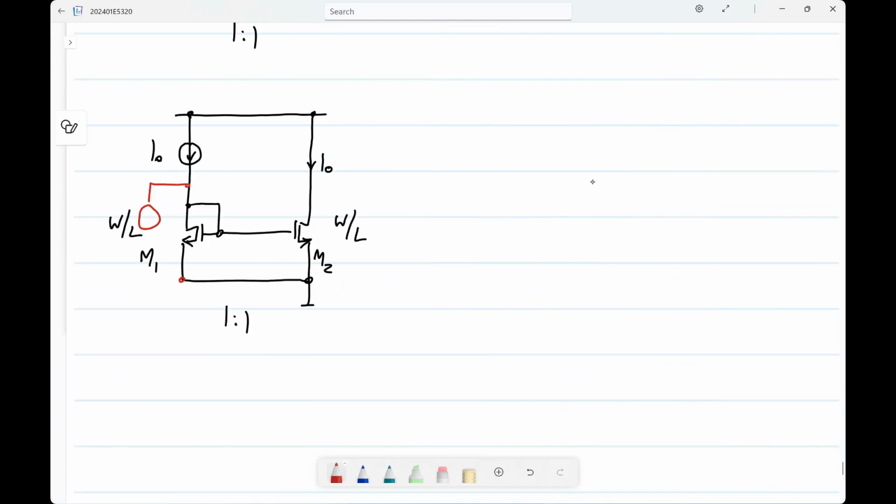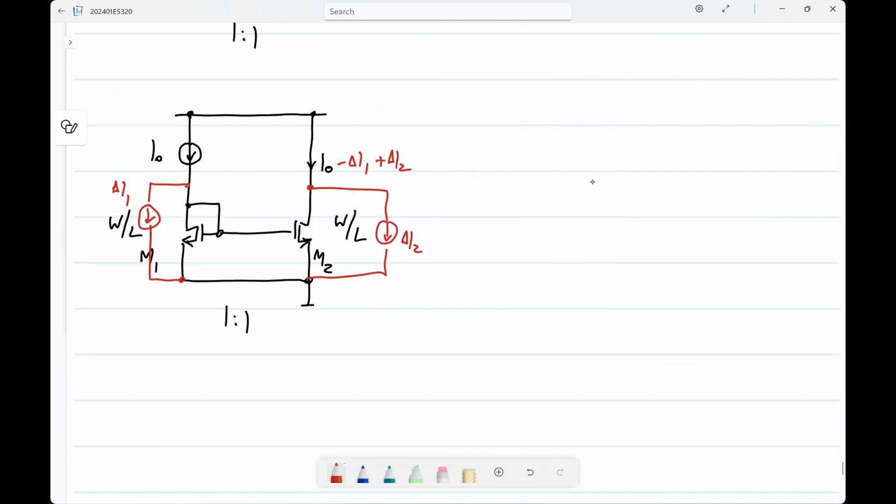And if I have some current delta I1 there, what will be the output current? What is the total current? I naught minus delta I1. Okay. And if I have a current delta I2 over there, this will be plus delta I2. Okay. So all I have to do is calculate the variance of minus delta I1 plus delta I2.